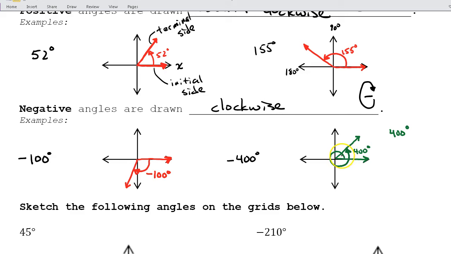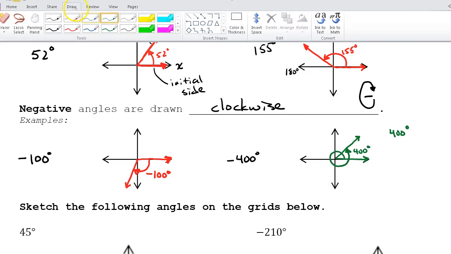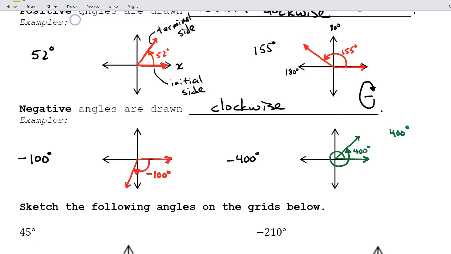Now, negative 400 is going to go this same amount, but I'm going to start rotating in a clockwise direction. An easier way to think about this is if you can find where the positive angle is, the negative angle simply reflects over the x-axis. So here's my initial side.